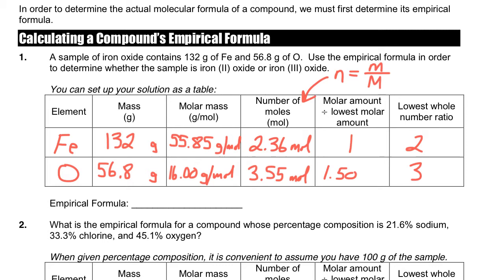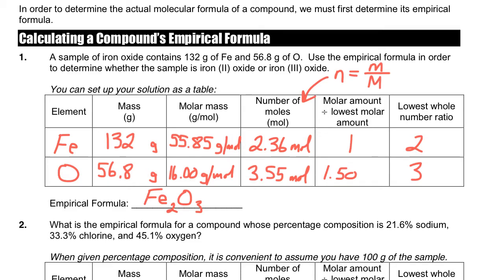So my ratio of iron to oxygen is 2 to 3. You need 2 atoms of iron for every 3 atoms of oxygen. So now I can figure out that my empirical formula is Fe2O3. I'm just using my ratio of iron to oxygen, 2 to 3, and that becomes my subscripts. So that is finding an empirical formula based on mass information.